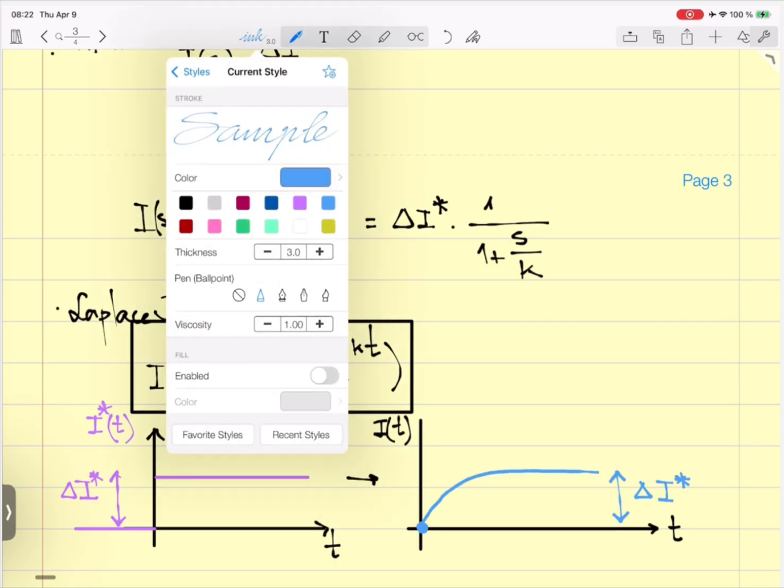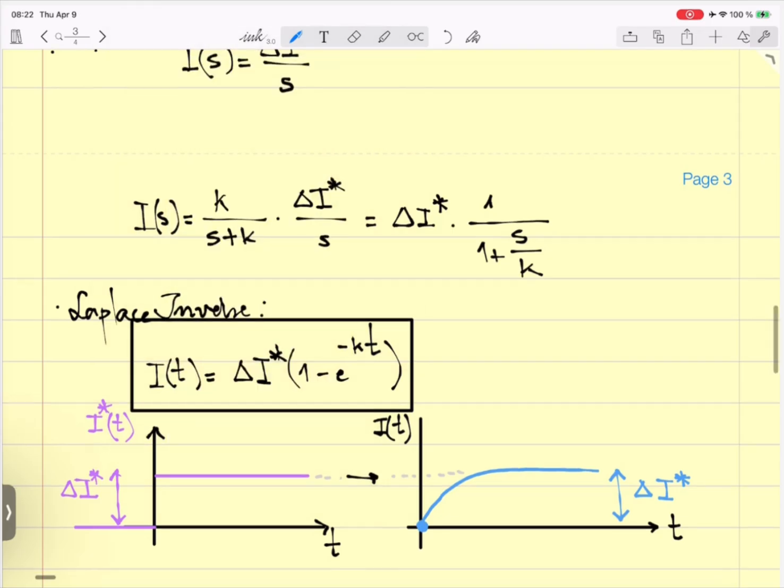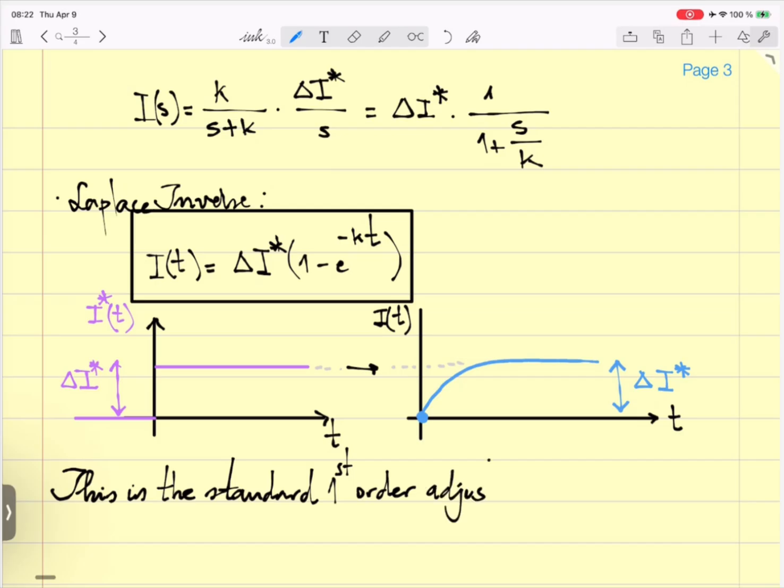Good, which is somehow logical. So this is the standard first order adjustment of inventory.